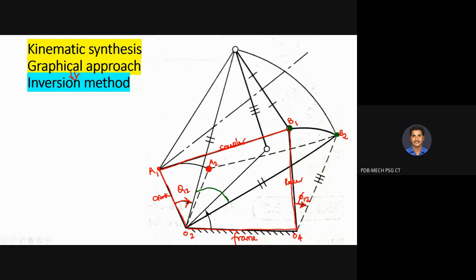Correct. So now let me draw the new position of the 4-bar mechanism. After rotation, as per the requirements, your crank is going to be here. Your coupler is going to be here.